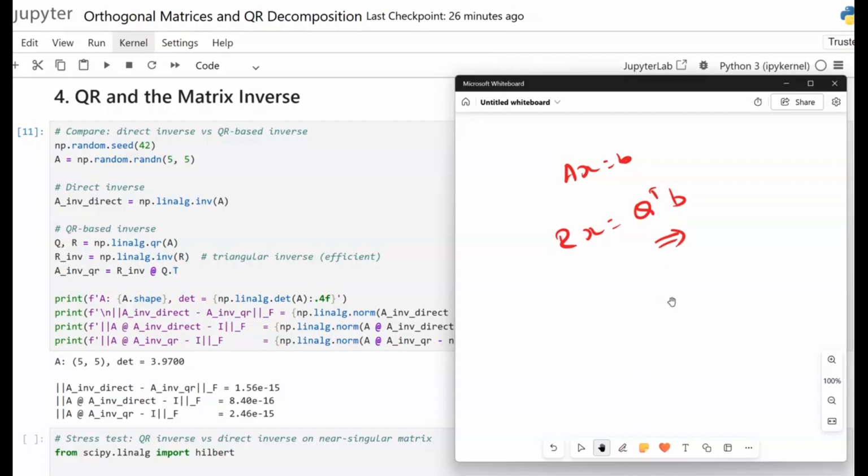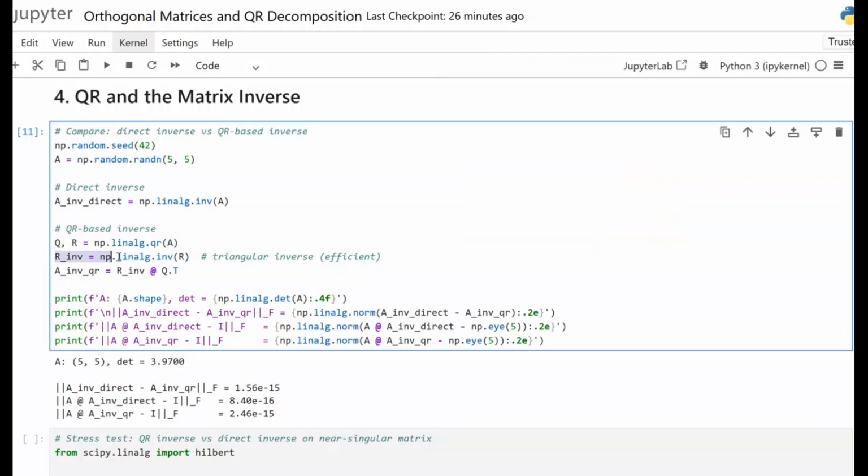Here I have to specify an important point, dear friends: this R inverse step is not optimal in practice. A better approach is to solve the triangular system, that is back substitution, and avoid explicit inversion. From this code, we demonstrate that A inverse equals R inverse multiplied by Q transpose via QR decomposition.